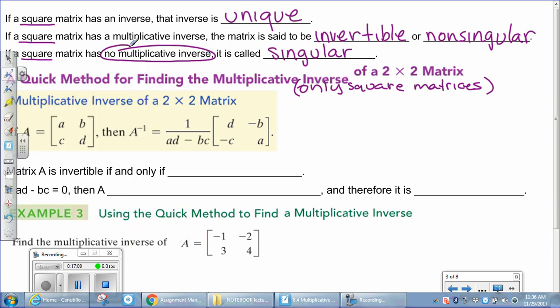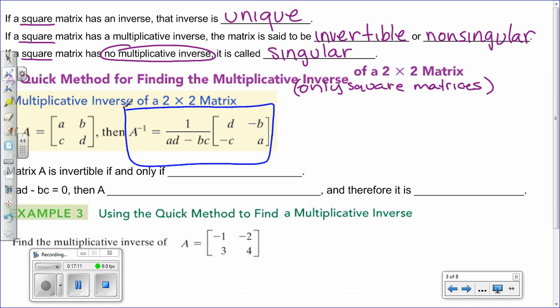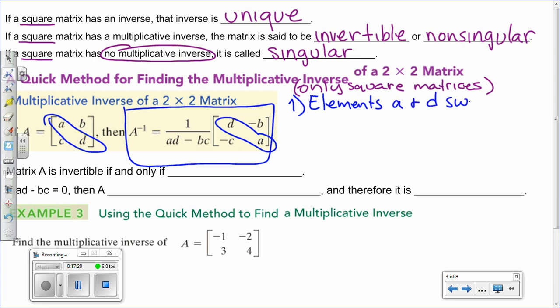Okay, so if you look at the formula here, you notice for the entries A and D, they're going to switch places. So let's write it down. Elements A and D switch places.